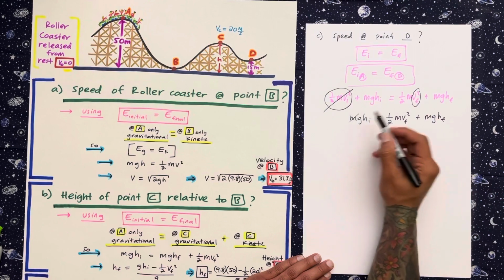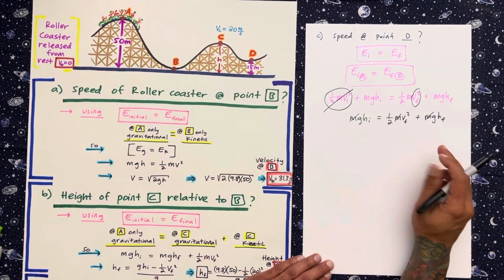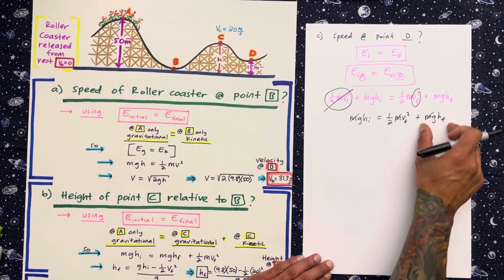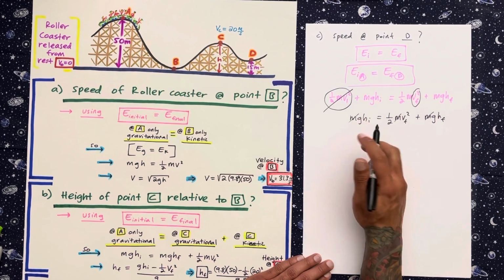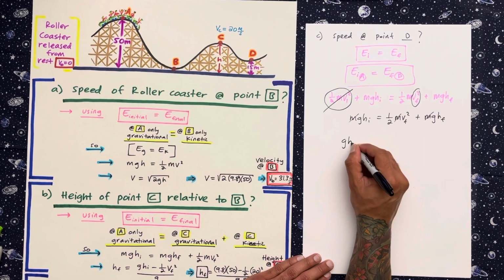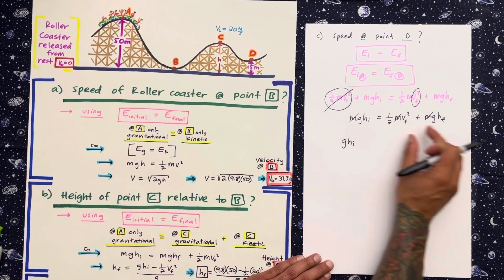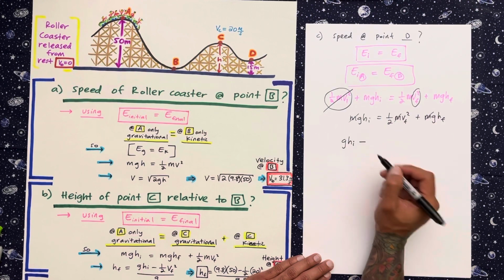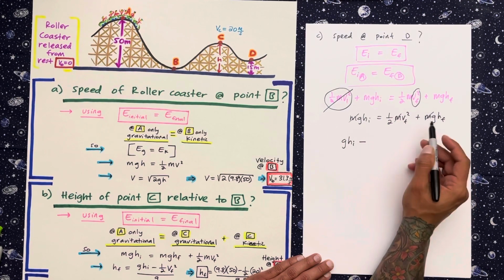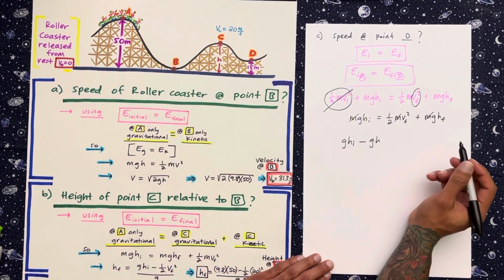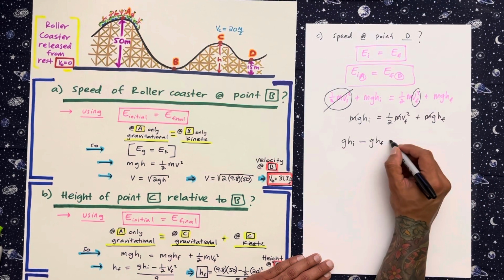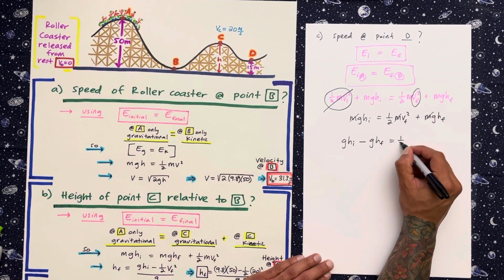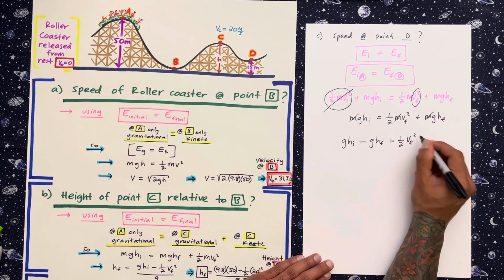Okay, let's cancel out the m's, and we're solving for velocity final. So let's take this and move it to the other side. I'm gonna rewrite this, g times height initial, then I'm gonna move this over to the other side of the equal sign, so it becomes minus because it's positive, g times height final, equals, now what's left on this side of the equation is 1/2 velocity final squared.